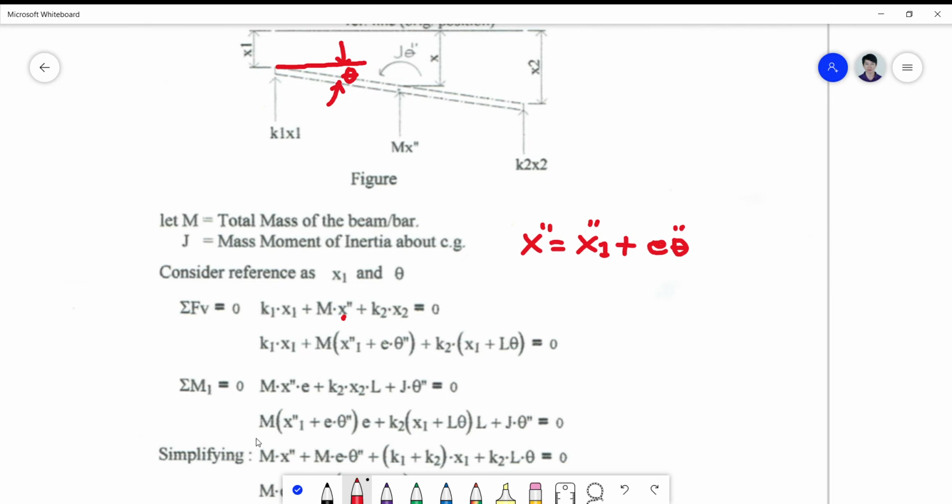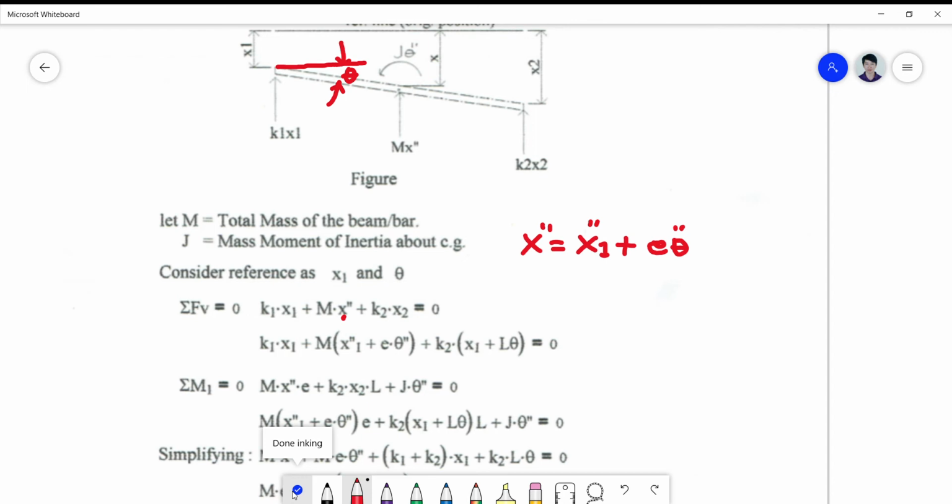And so is true with your summation of moment 1. We simply substitute your x2 here. By the way, x2 here can also be substituted in terms of the primary variables x1 and L theta, and so is true with the summation of moment equation.